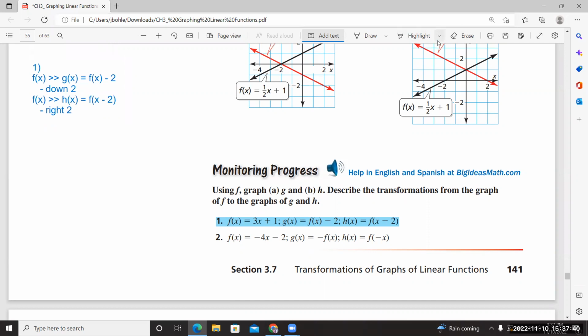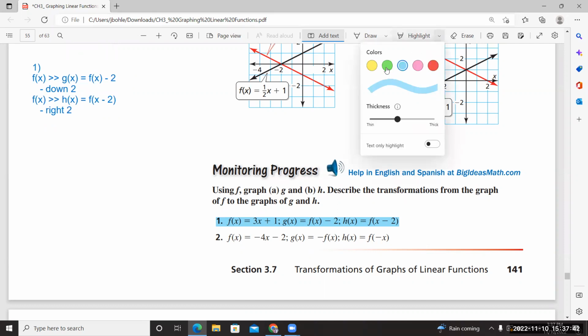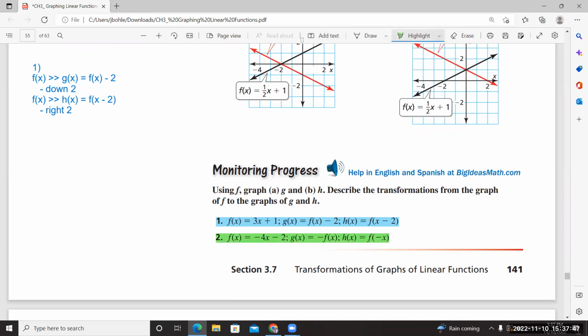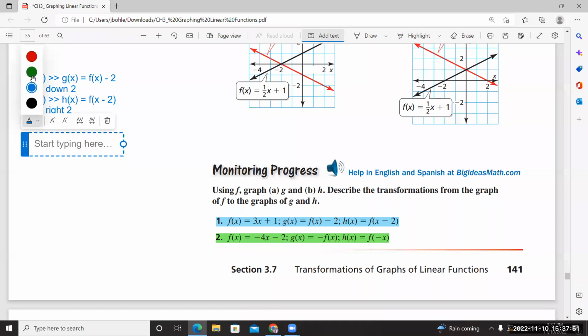Okay, now I'm going to do number 2, and we will do number 2 in green, I suppose. Hopefully I have green ink here. Okay, there is green ink. We have our original f of x function, and we're translating it into a new function called g of x.